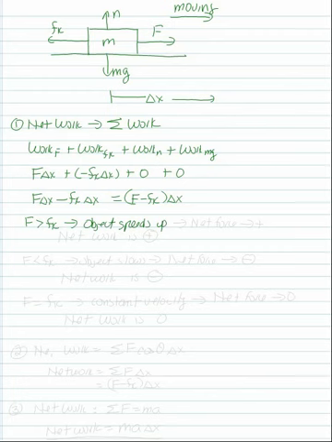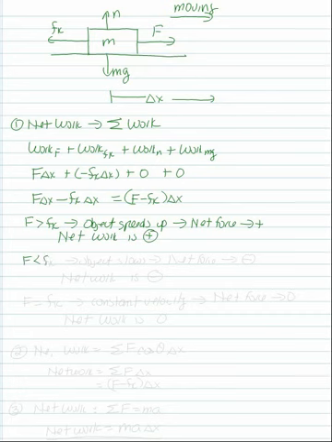So if F is bigger than Fk, the net force is positive, therefore net work is positive. So thinking about what that means, if the net work is positive, the object speeds up.